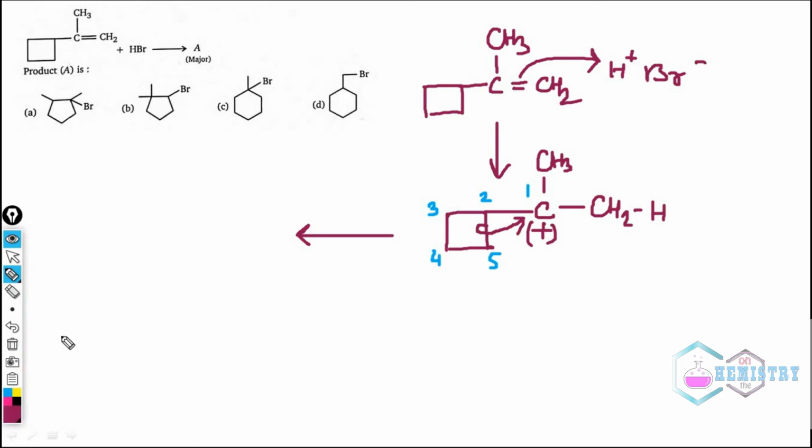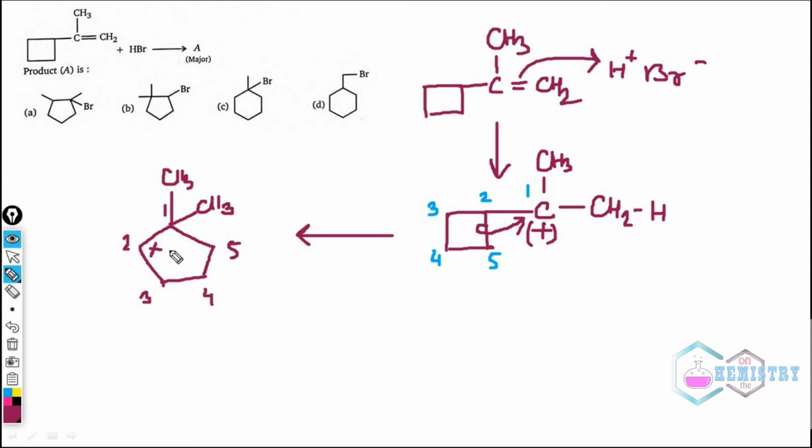If we draw a 5-member ring, this will be 1, 2, 3, 4, 5. There is a bond between 1 and 5, carbon number 2 will have the positive charge, and there is a CH3 group and another CH3 group on carbon 1.